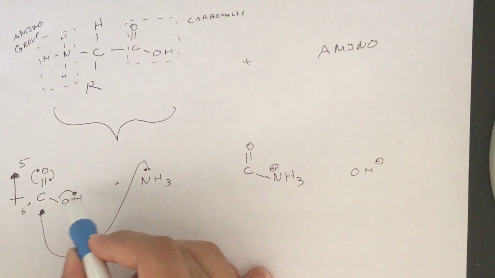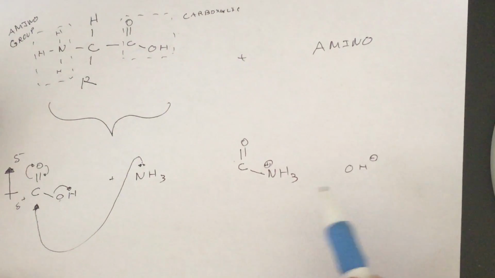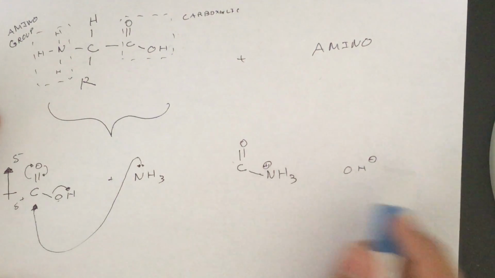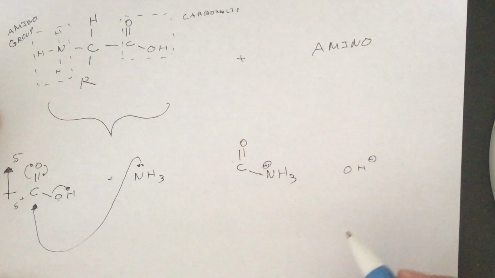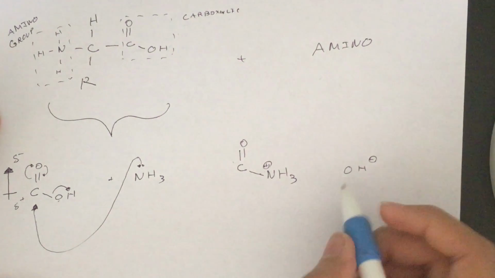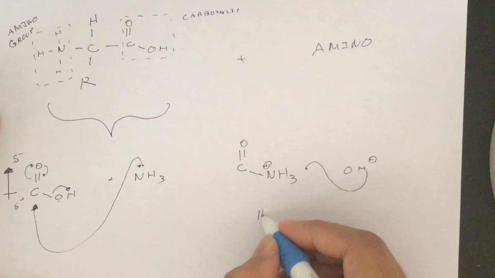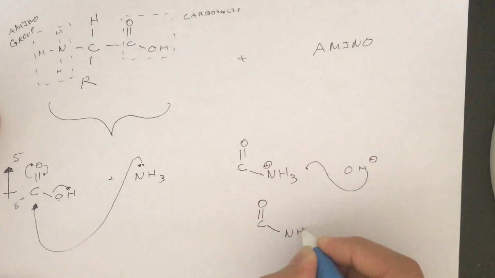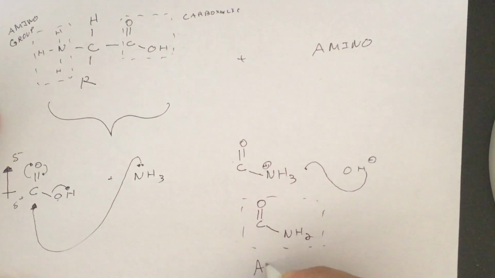Since the hydroxyl group is negative, and you have a negative plus a positive, that makes 0, and if you look on this side, there's 0 charge. So that's another way to make sure you're doing it right. This hydroxyl group comes in and takes one of the hydrogens out, so you are left with this structure, NH2, and that is basically an amide.